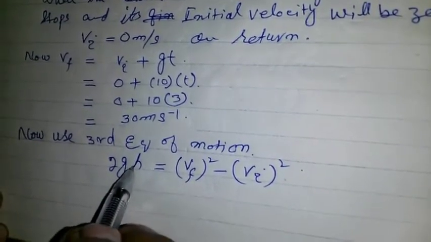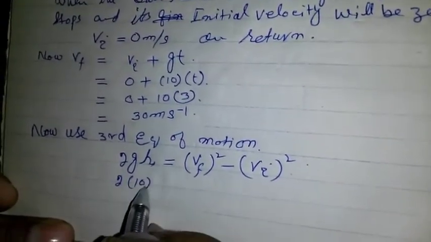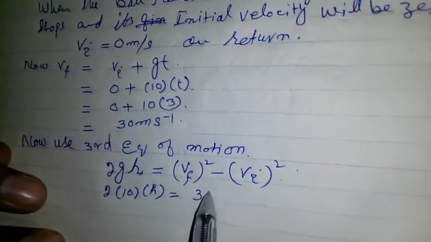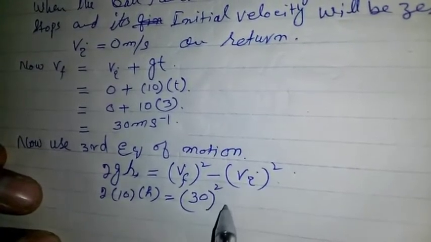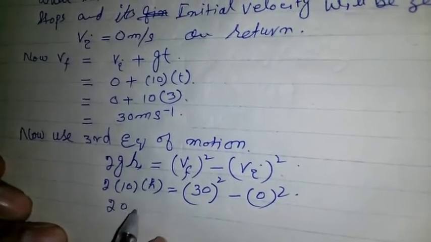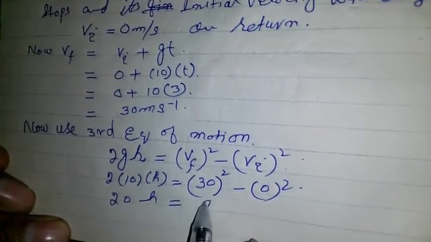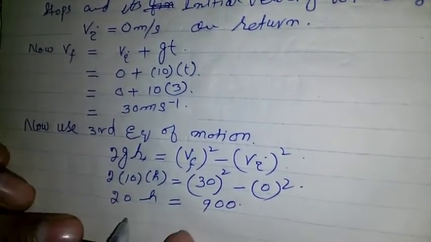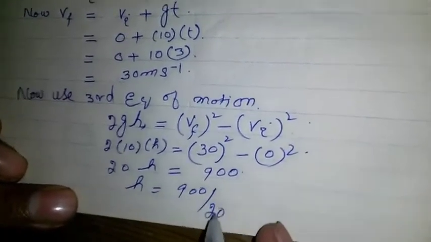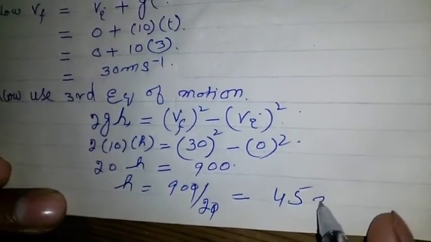We find height h from this. 2 into 10 into h is equal to 30 square minus 0 square. 20 into h is equal to 30 30s are 900, or h is equal to 900 over 20, which is equal to 45 meter.